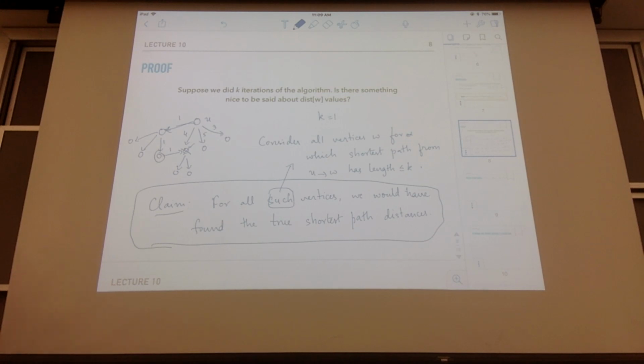We can start with what would be a reasonable base case? For those that have depth 1, with 2 iterations we will have found the... No, not necessarily. Because, right, so think of extending this example where you just have u here, and you go through a whole lot of length-1 edges, maybe like 10 of them, to get to some vertex w, but there was also one direct path here which was of length 100.